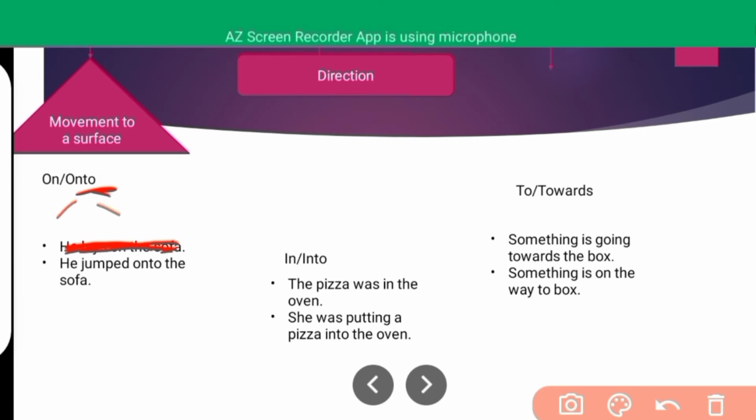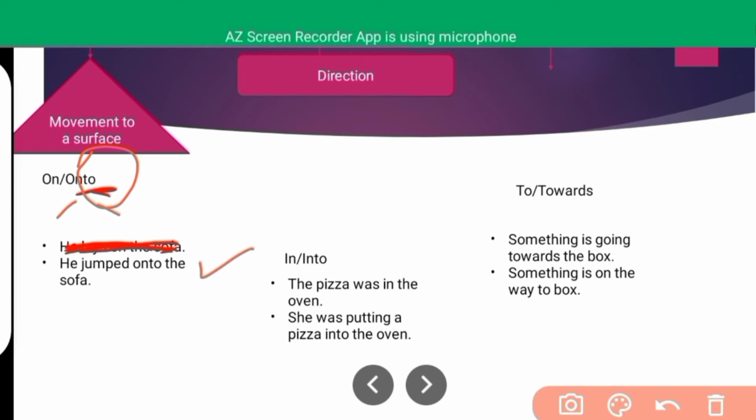We use on when something is on the surface, and we use to to describe the movement of the noun. So if we want to show movement, we have to add to with on. Is it clear? Let me give you some examples.